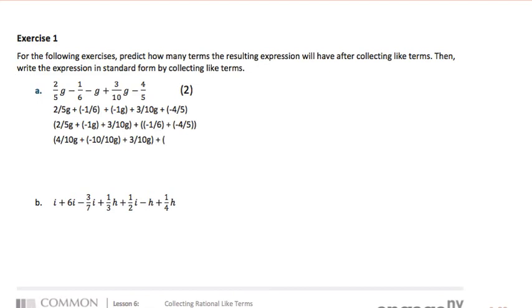And then common denominators for our constants, the least common denominator for 6 and 5 would be 30. And so what we're going to have is negative 5/30 plus negative 24/30.